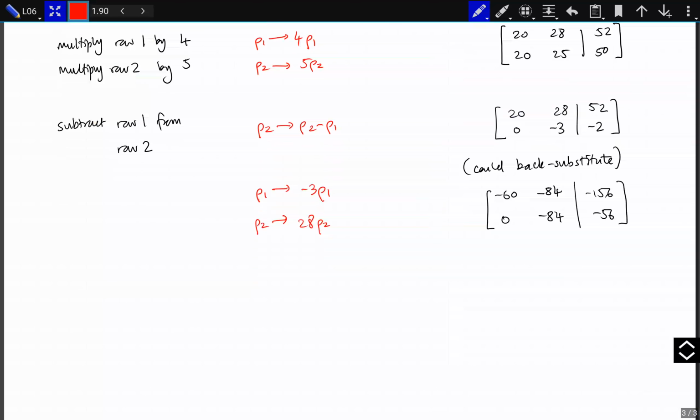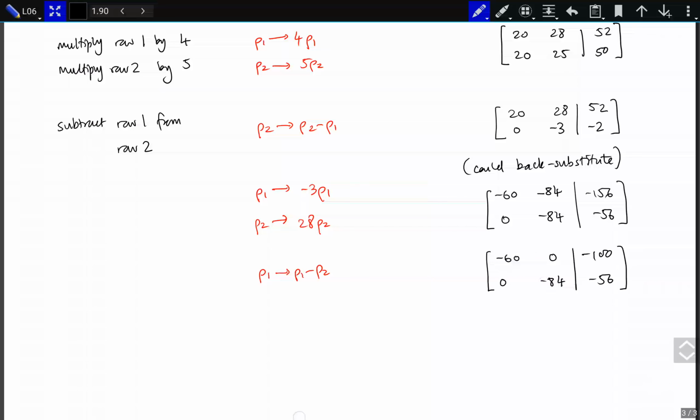And now we're going to subtract row 2 from row 1 to get... and finally we're going to rescale, so we're going to kill off this term by dividing through by minus 60 and kill off this term by dividing through by minus 84.